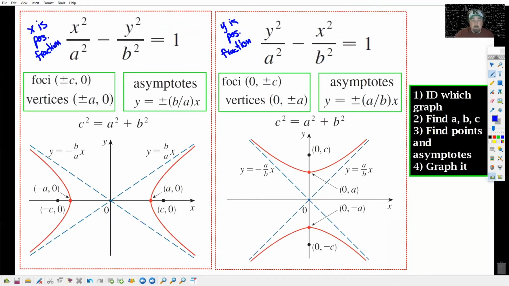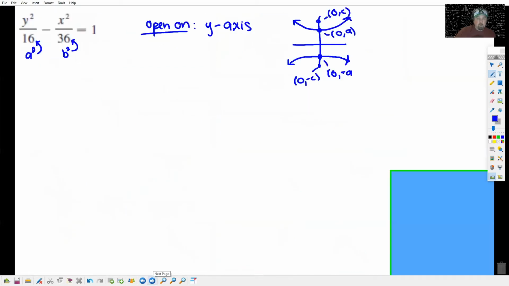Notice that a and b don't have anything to do with the actual size of the number this time like they did with ellipses. So let's go through and use that and find c. So if a squared is 16, that means a is 4. If b squared is 36, that means b is 6.